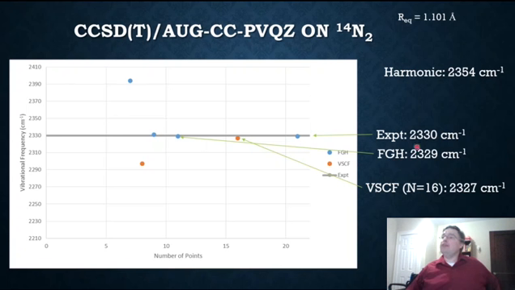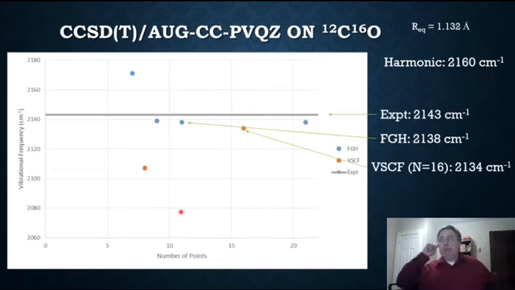So with N2, with the FGH method, we get better accuracy at less cost in terms of energy evaluations. That's pretty good. Now let's take a look at CO. For CO, the experimental value is 2143. Neither the FGH or the VSCF method were spot on, but the FGH method, again, got closer.